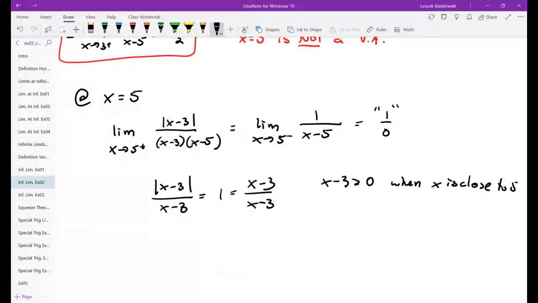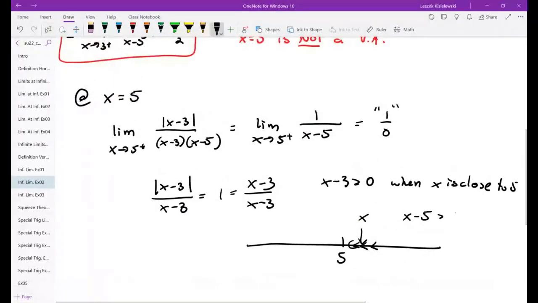Well, as x approaches 5 from the right, what can we say about x minus 5? Well, x is bigger than 5, so x minus 5 should be positive. If you'd like, you can choose a test value for x, like 5.1.